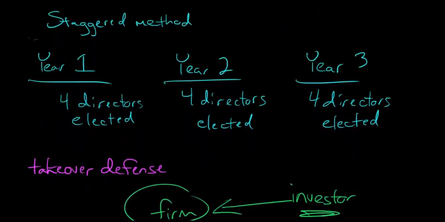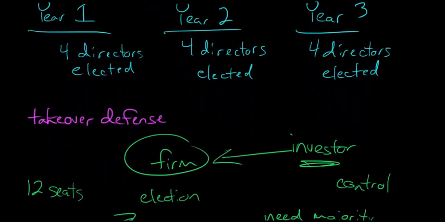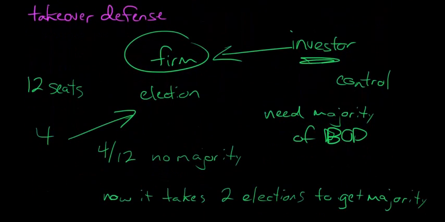The managers might think, if only 4 seats go up, then this takes 2 years, and 2 years from now things might change. 2 elections from now, the economy could pick up, things are better, everybody loves the firm and management again, and now the shareholders don't want to vote for the people this investor is putting up for election to the board.